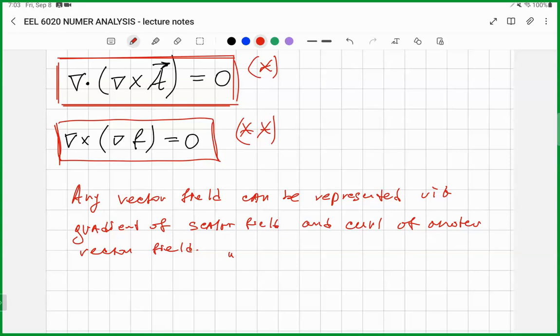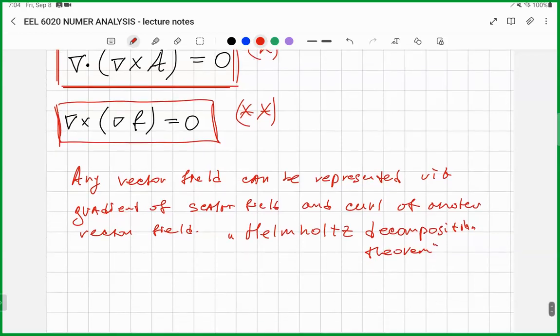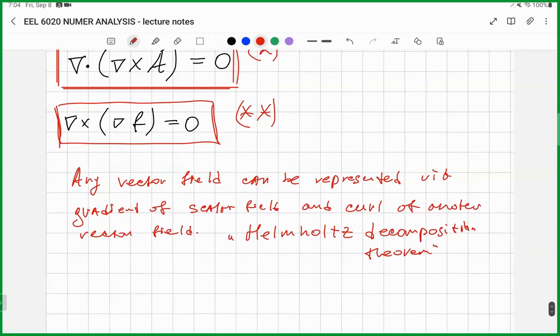And this is known as Helmholtz decomposition theorem. Quite an important theorem. It basically says that we can represent a vector field in form of gradient and curl.